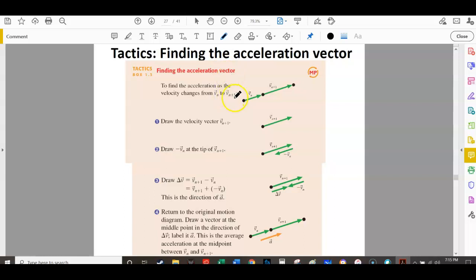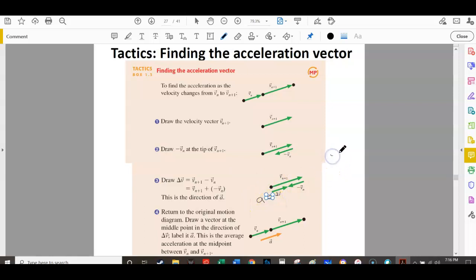So for example, and we've seen this before, if we have a final velocity vector, and we add to that a negative initial velocity vector, well, that is a change in your velocity vector, and that change in your velocity vector is your acceleration vector, either in the negative or in the positive. Here, if you have an initial velocity vector and you add to that an acceleration vector, then you have your final velocity vector.